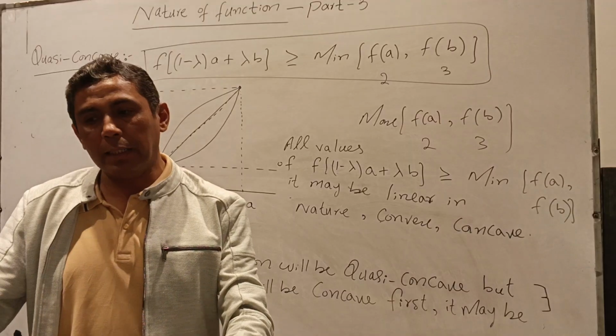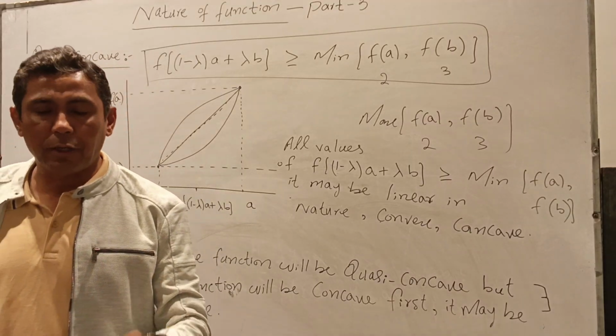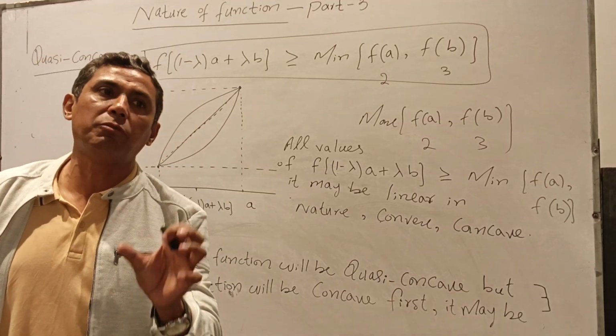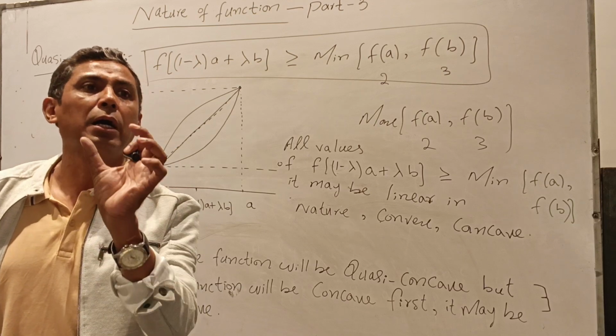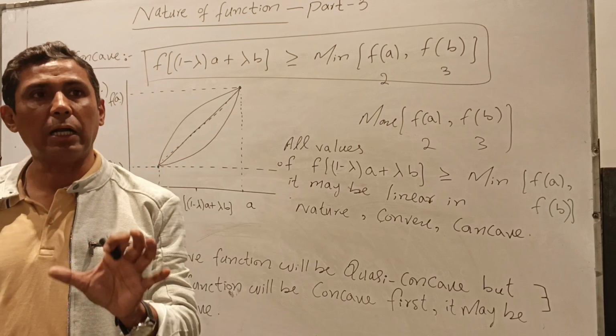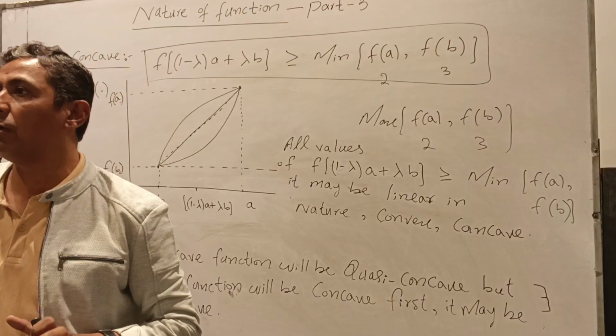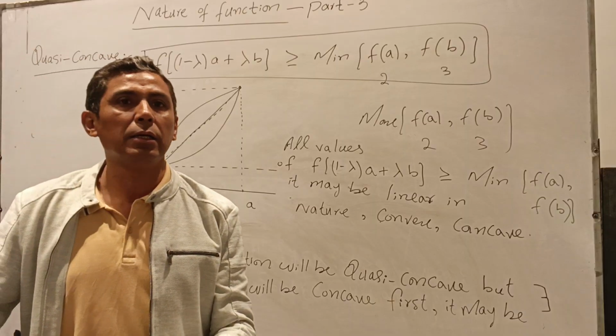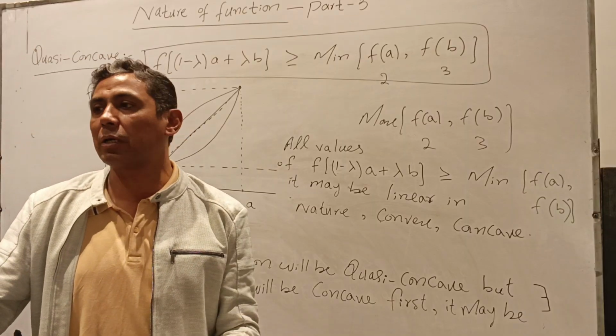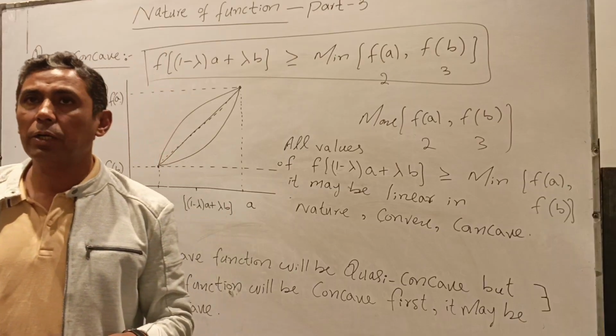Why? Until and unless we assume that our function increases with a decreasing rate, we won't achieve a maxima. That will be your global maxima, unique maxima point with respect to its neighborhood. Right?